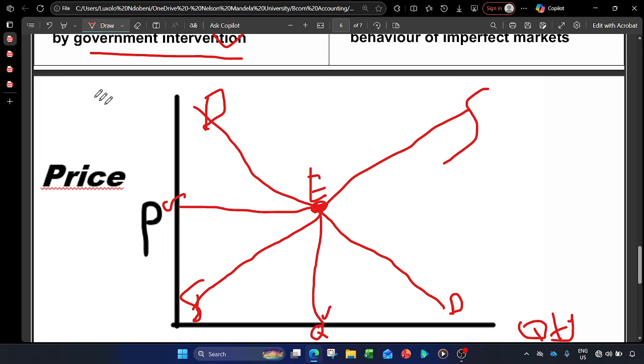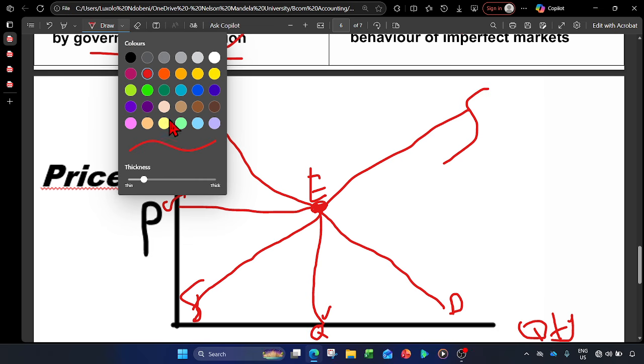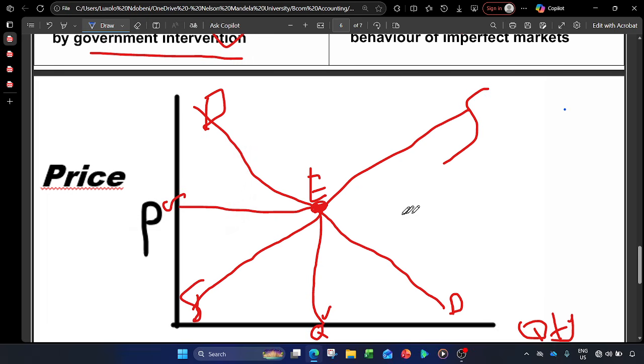Then things happen in the economy and things change. The government will intervene and set the market price. What is that price? It is a price set by the government above the equilibrium price.